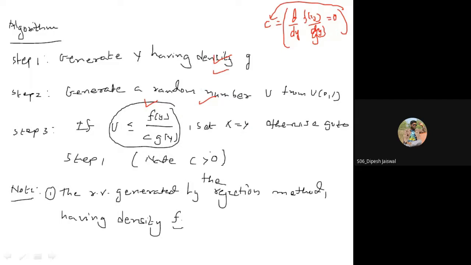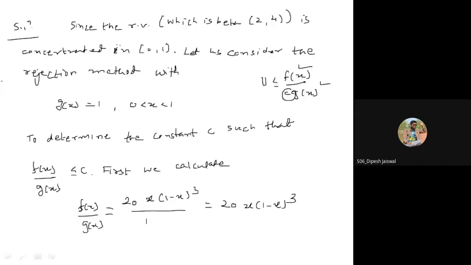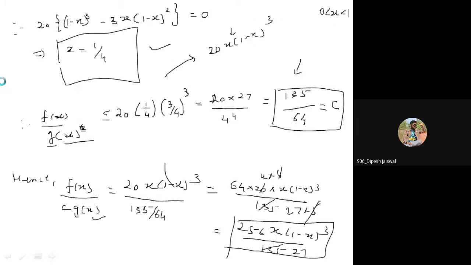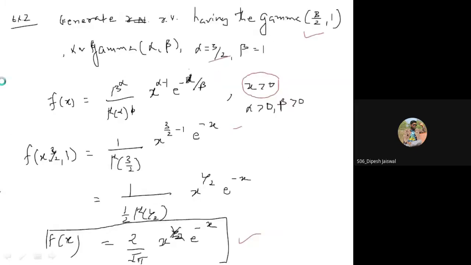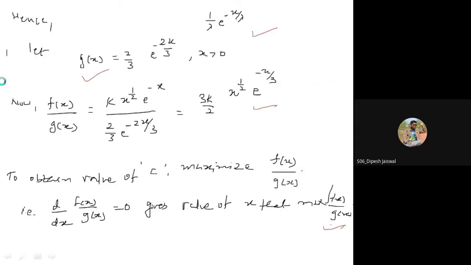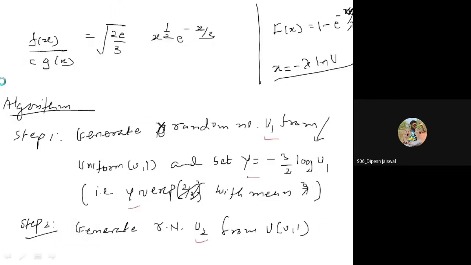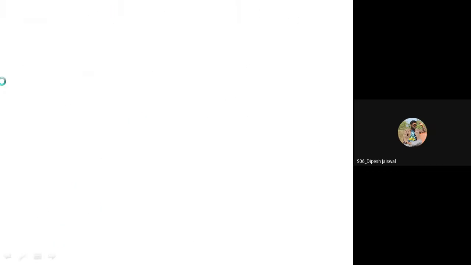If it's not the case, we return to step 1 and repeat this procedure. I will give you directly a function f and g and other things, and then you have to solve. But because this is a practical, I will give you some functional form.